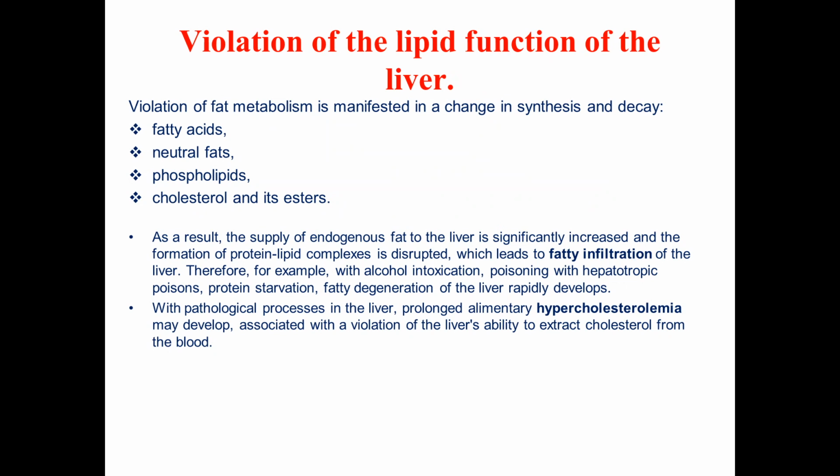Violation of lipid function is manifested in changes in the synthesis and decay of fatty acids, neutral fats, phospholipids, cholesterol, and its esters. As a result, the supply of endogenous fat to the liver is significantly increased and the formation of protein-lipid complexes is disrupted, which leads to fatty infiltration of the liver. Therefore, for example, with alcohol intoxication, poisoning, or protein starvation, fatty degeneration of the liver rapidly develops.